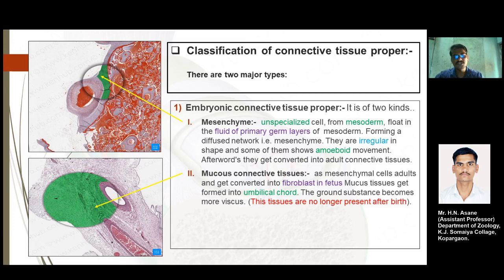These mucous connective tissues are no longer present after the birth of the fetus. So these are a specific type of connective tissue which originate for a particular function, the proper maintenance of the fetus itself. They are no longer present after the birth, but the mesenchymal cells get converted into the adult connective tissue.